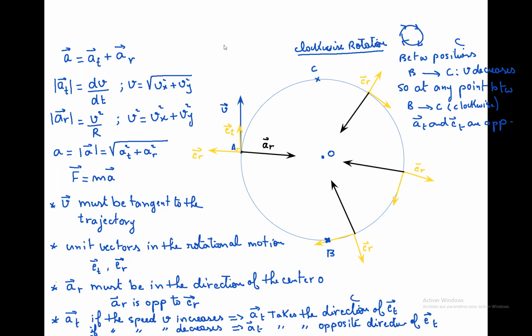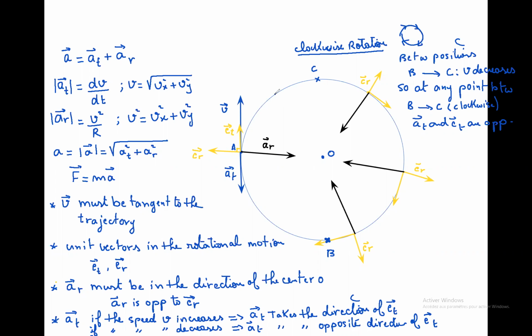Let's draw geometrically AT. So AT at this point must be directed like this. So this one is AT, which is opposite to ET.